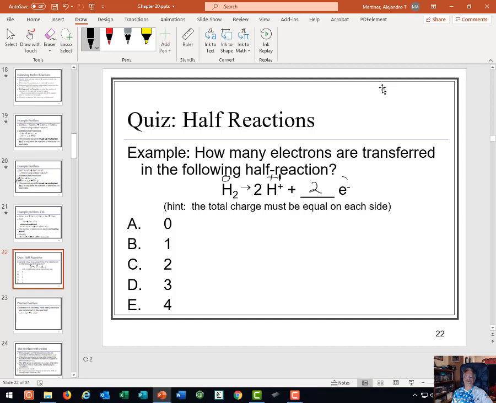So 2 electrons are being lost in this oxidation reaction. How could I tell it was an oxidation reaction? We went from a lower oxidation state to a higher oxidation state. And if you're just looking at the half reaction, the electrons are on the product side, which means that electrons have been lost. So the answer here was 2 electrons have been transferred.